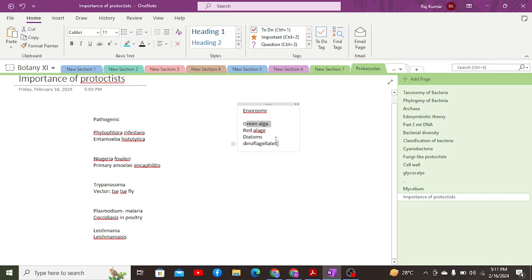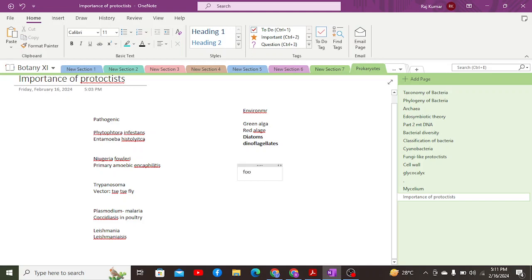Dinoflagellates and diatoms are major producers of oxygen, diatoms being the highest major producer of oxygen within the environment. Dinoflagellates are the second, and red algae and green algae constitute around 50 to 60% of the oxygen concentration in the environment, and decrease the carbon dioxide level.